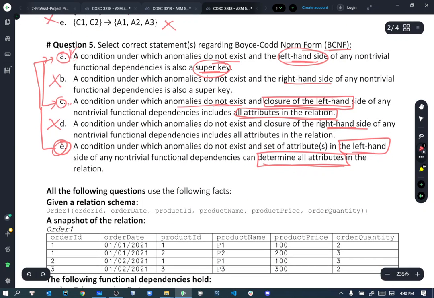This one comes from the original definition, this one comes from the definition of the super key, and this one comes from the definition of the closure.